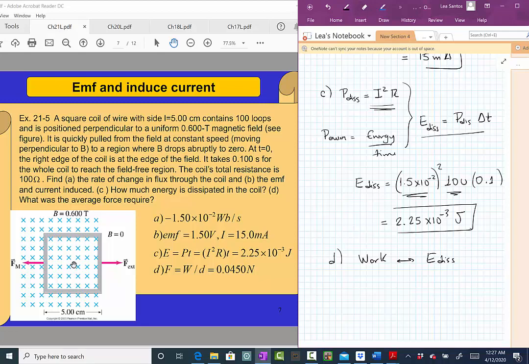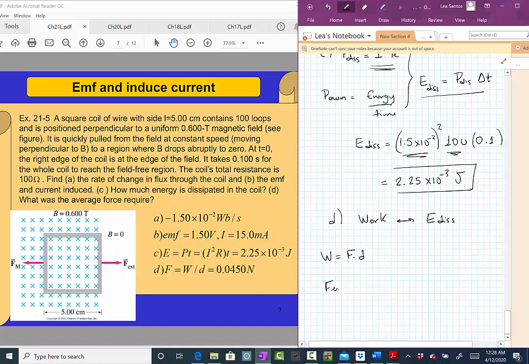Okay, so how did they solve it in the book? Well, they use the idea of work. So remember, work is force multiplied by the displacement. So if I want to find this external force, I'm going to compute the work divided by the displacement. That's how they solved it in the book, and they used the work energy principle. The energy dissipated we have, so I put here this 2.25 times 10 to the minus 3 joules, and the displacement is 0.05.